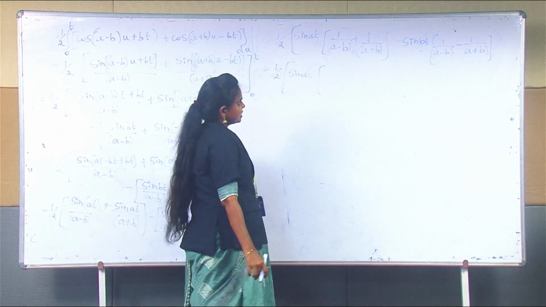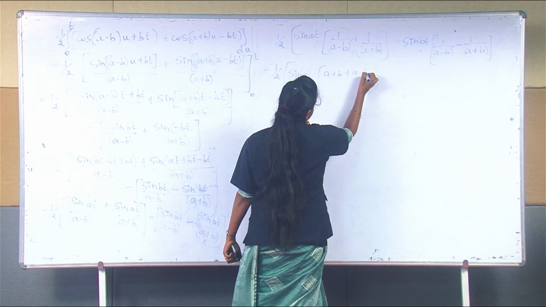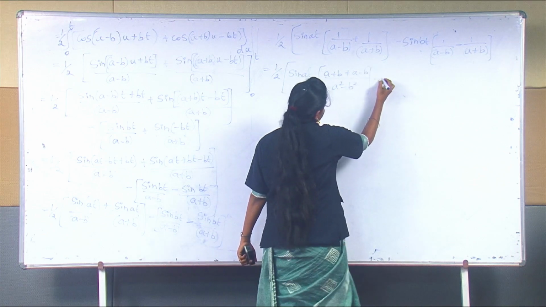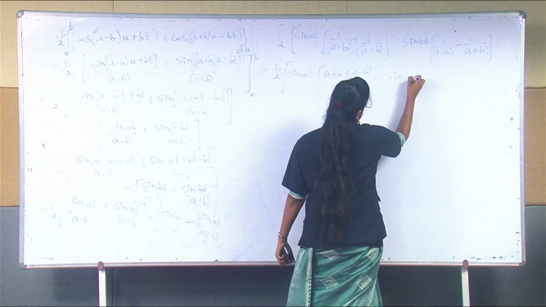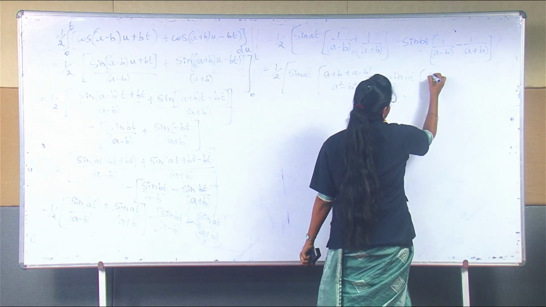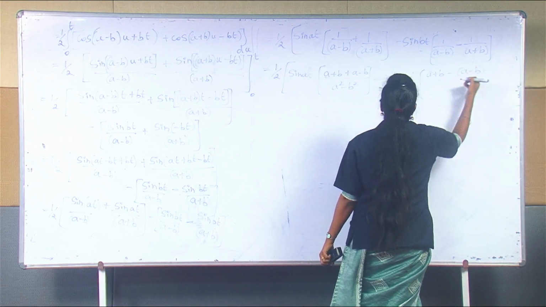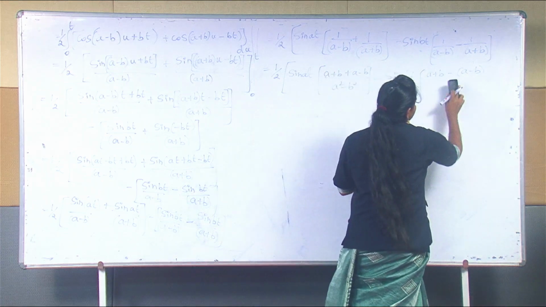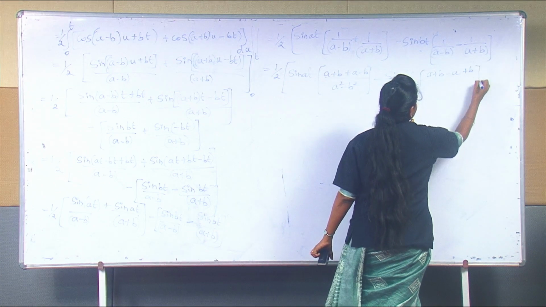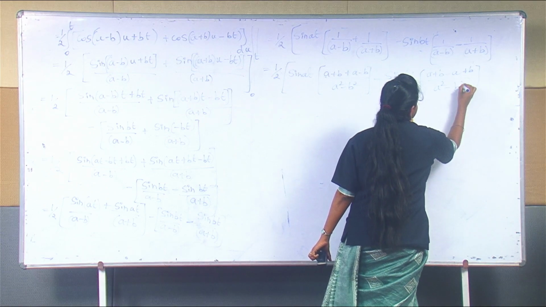When we are taking the LCM, what will we get? (a plus b plus a minus b) divided by (a square minus b square), minus sine bt into, taking the LCM, (a plus b minus a minus b). Here we can write it as minus (a plus b) divided by a square minus b square.